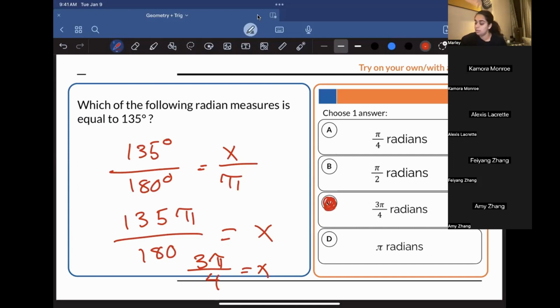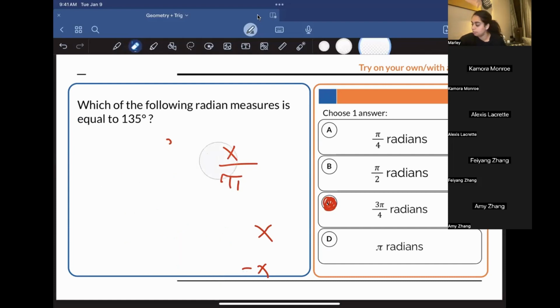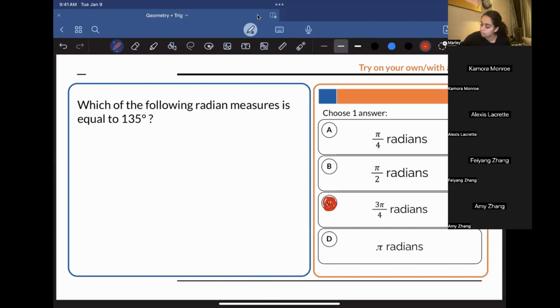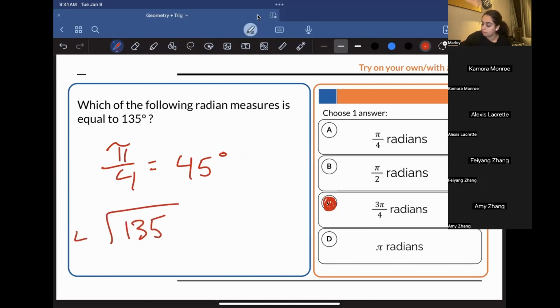The other way of doing it is, if you remember in the previous slide, pi over 4 equals 45 degrees. So 135 divided by 45 gives you 3.